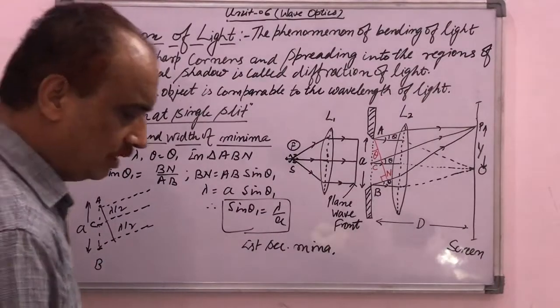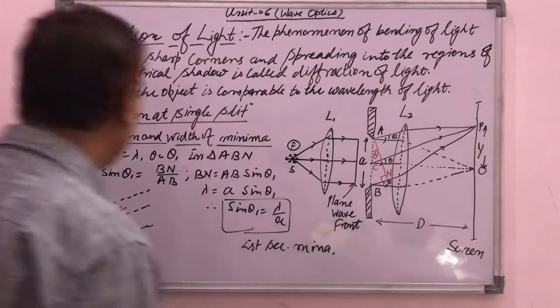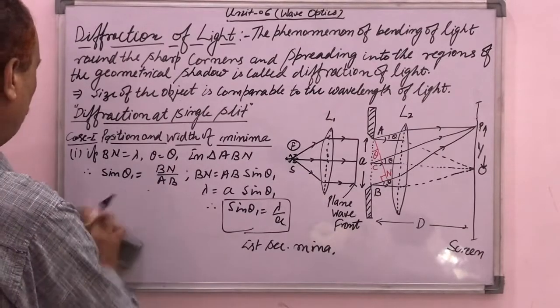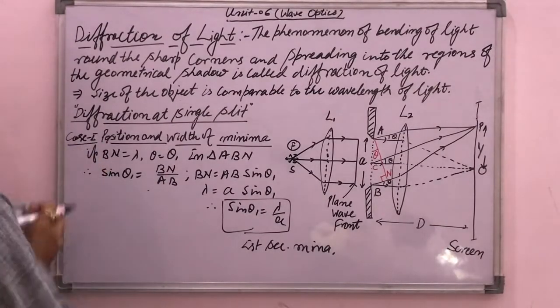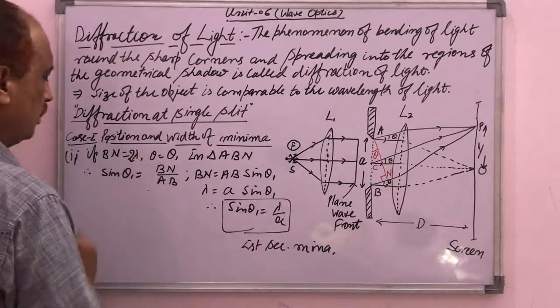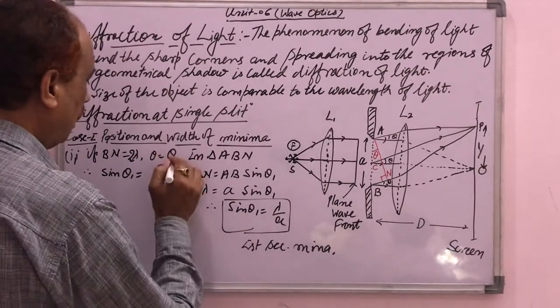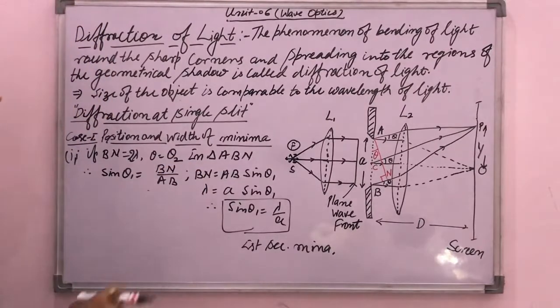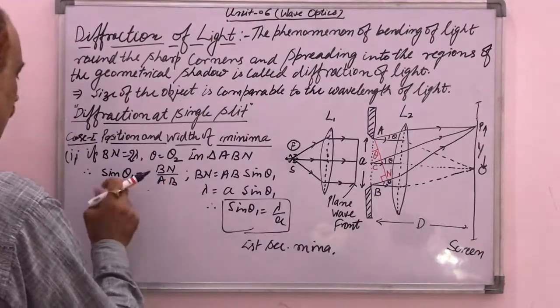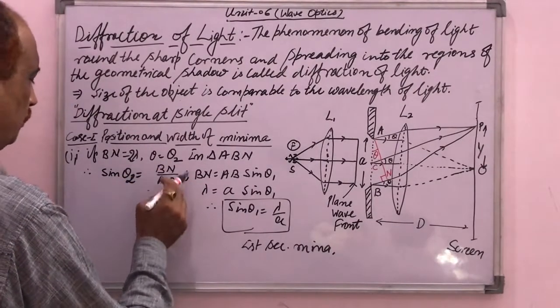Now the second condition is when the path difference is equal to twice lambda. So in condition number 2, if the path difference is equal to twice lambda and the angle theta is equal to theta 2, again in the triangle ABN, sine theta 2 will be equal to BN upon AB.